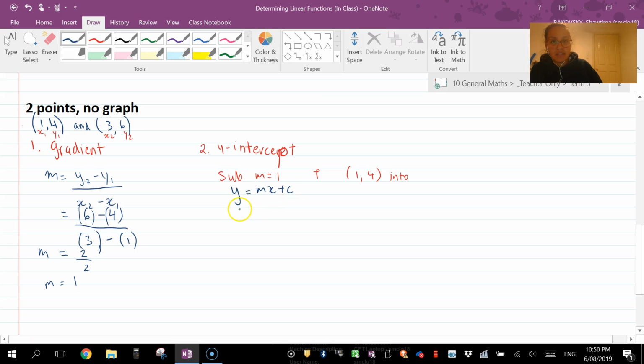Y in this case is 4, m is 1, times x is 1 plus c.